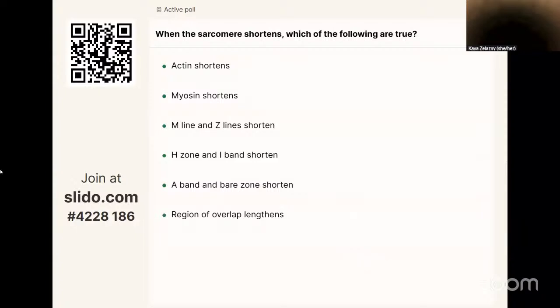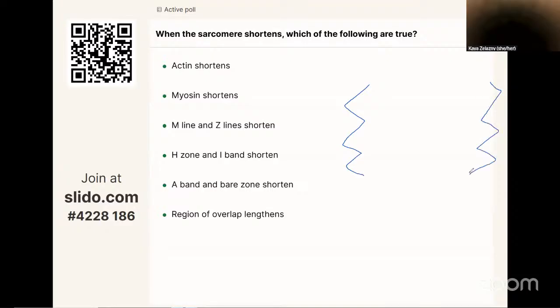Okay. So if we're thinking of our sarcomere, we're going from Z line to Z line, and we've got our M line in the center, linking up our myosin. I'll draw a little more actin, a little more thin filament on here, coming off from our Z line.